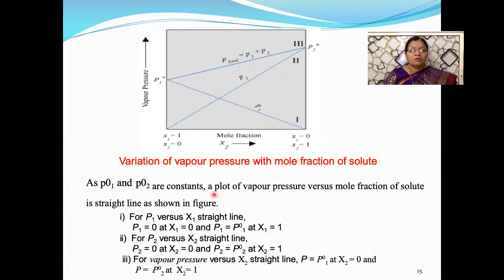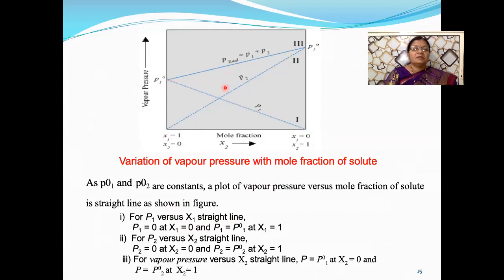So for the P1 versus X1 straight line, when X1 is equal to 0, what is the value of P1? It is also 0. And when X1 is equal to 1, what is the value of the partial vapor pressure of the solvent P1? It becomes equal to P10.